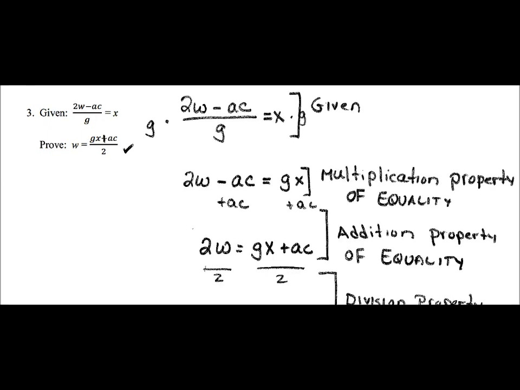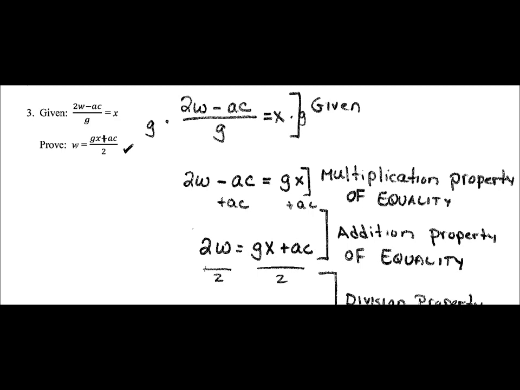I begin this proof by doing what I always do. I write down the given information. 2w minus ac over g equals x. And I look at what I want to prove. I want to prove that w equals gx plus ac over 2. I guess I need to get w alone. I began by multiplying both sides by g. That's the multiplication property of equality. That gives me 2w minus ac equals gx.